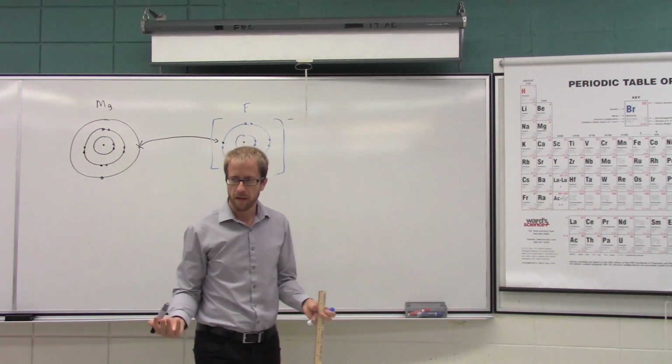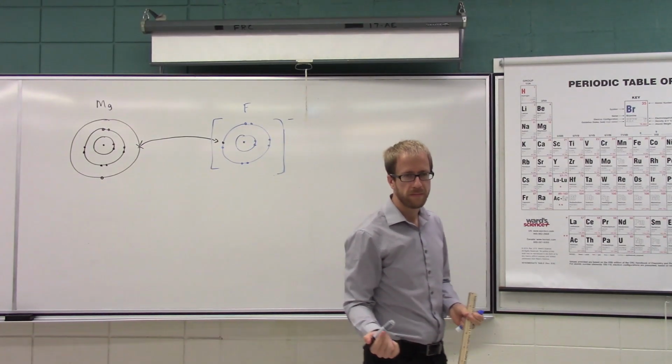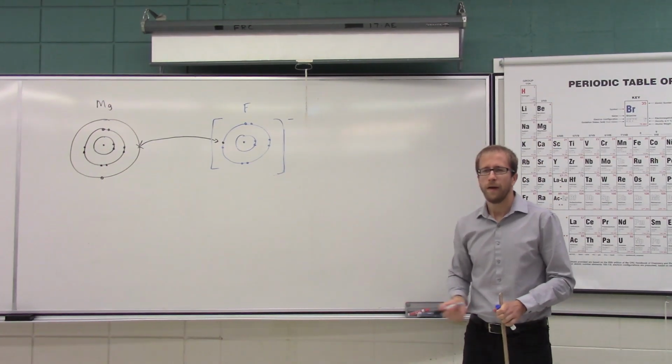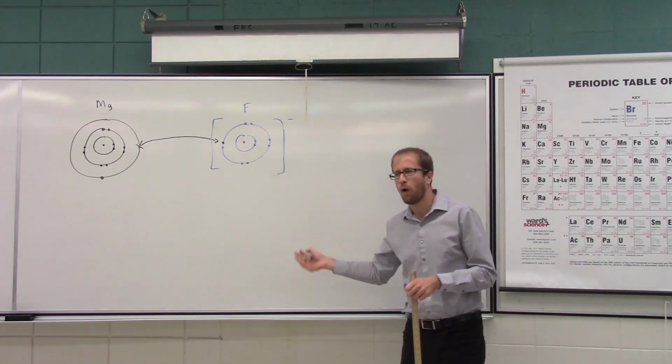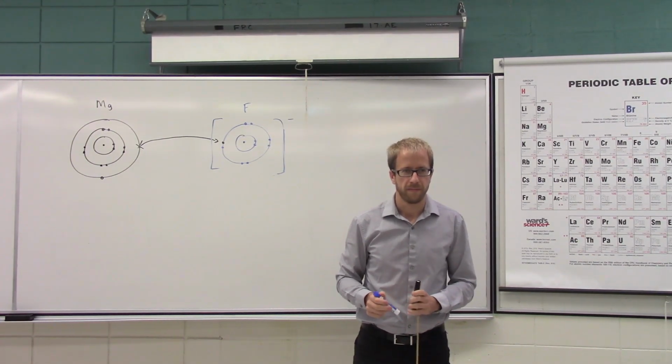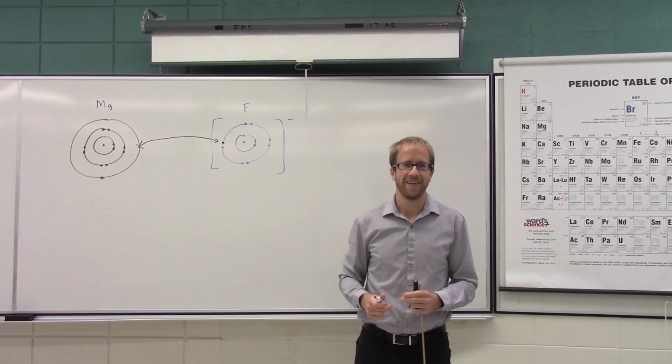So how do we get rid of that other electron? We need another element. If we're reacting magnesium with fluorine, what is that other element going to be? Another fluorine.